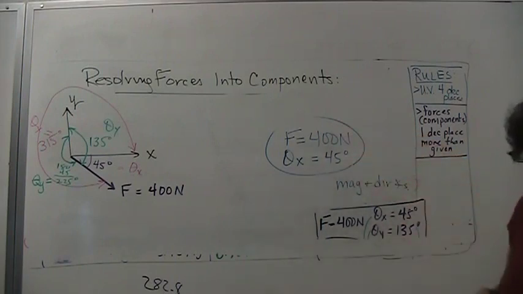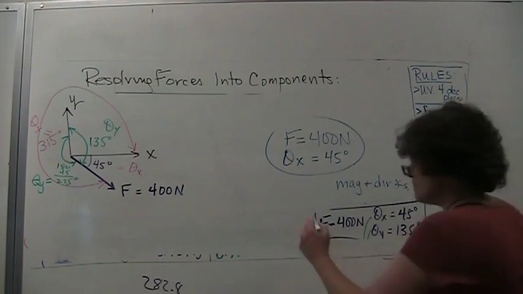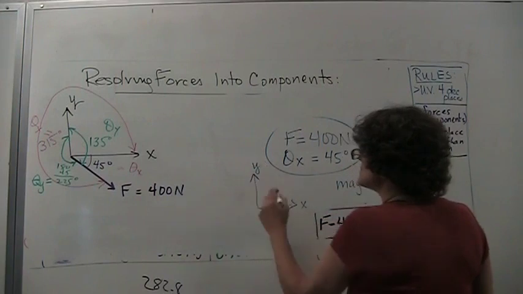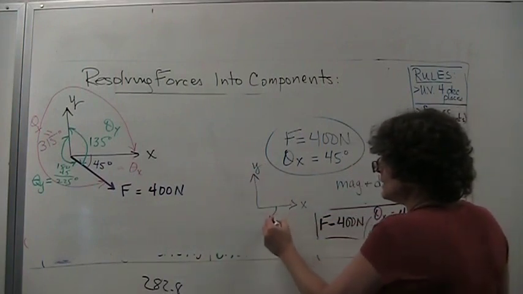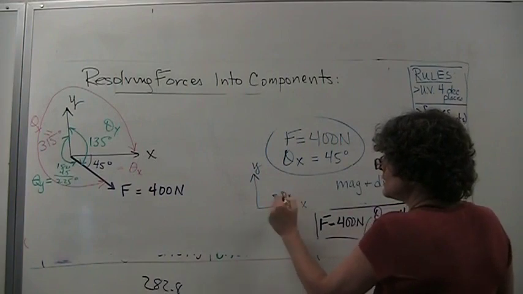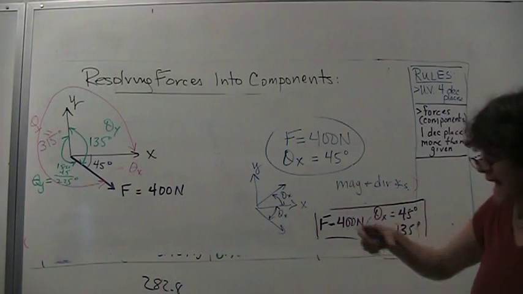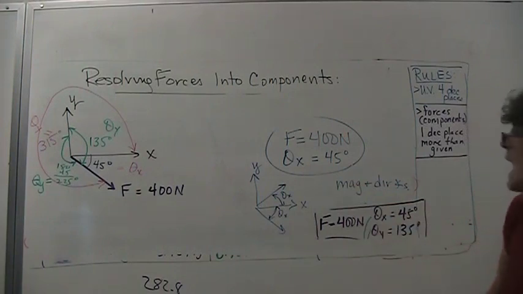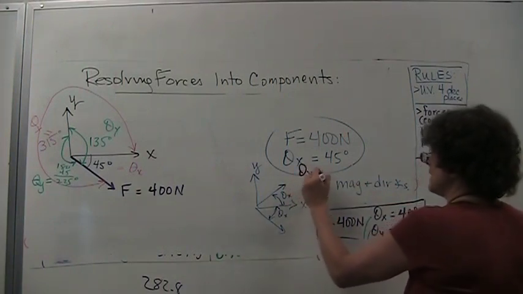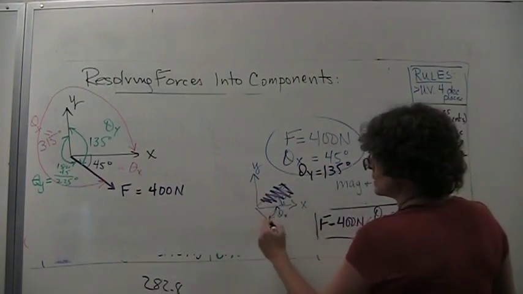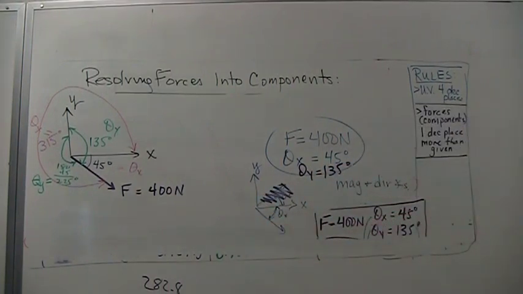And the answer you probably figured out is no. Because if this is my positive x and y axis, theta x could be here and theta x could be here. So I could have this force here or here. So I cannot just give theta x. I have to give theta y as well, because then you know that it's not this location, it's got to be that location.